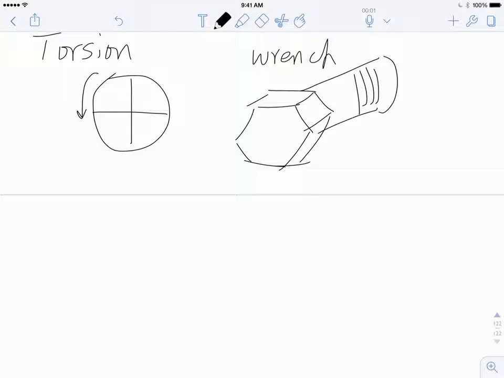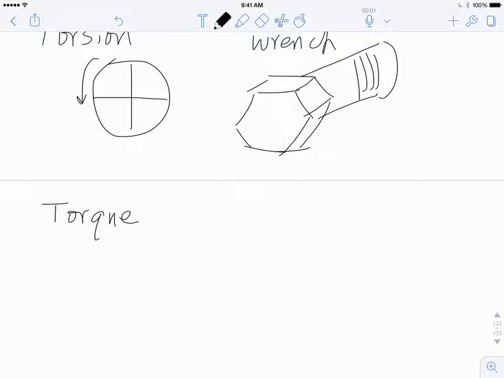So let's quantify these things. Like I mentioned, torsion is caused by torque, T-O-R-Q-U-E. If you turn the steering wheel using your hand, you're applying torque to the steering wheel, okay?